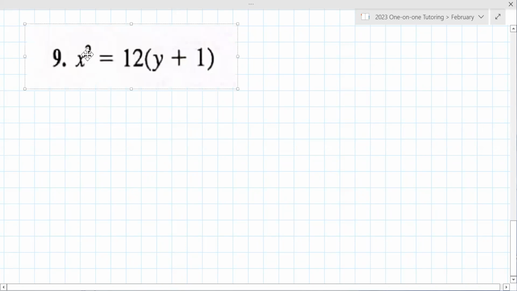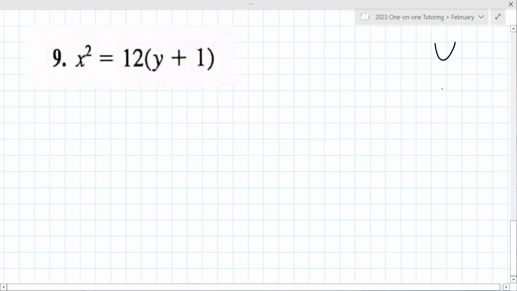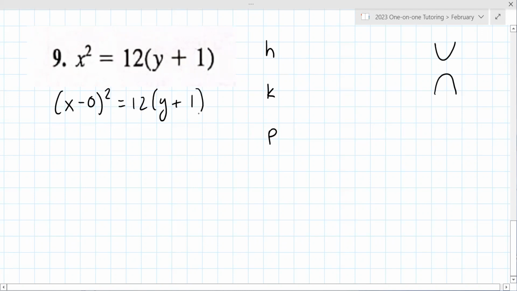It's also important to recognize that since it's x squared, this is how I used to assume: it's either gonna look like that or that. That was my way of remembering it. But you do need these parameters, h, k, and p. This is really x minus 0 squared equals 12 times y plus 1. Can you tell me the value of h and k?